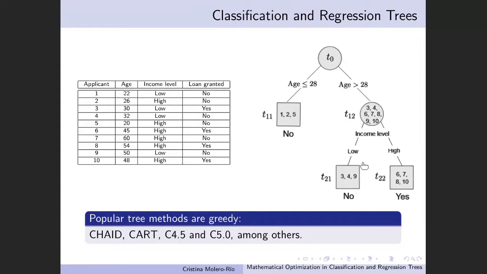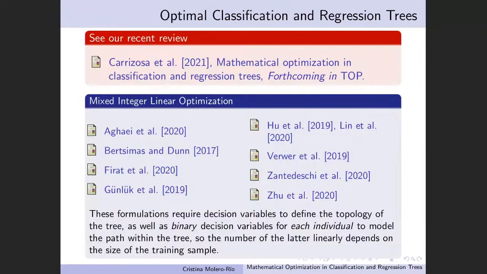Both advances in computer performance and optimization solvers have led to a growing research on building optimal classification and regression trees, as we review in our recent articles, where you can see that the great part of proposals are based on mixed integer linear optimization.